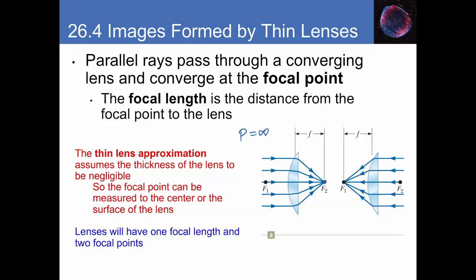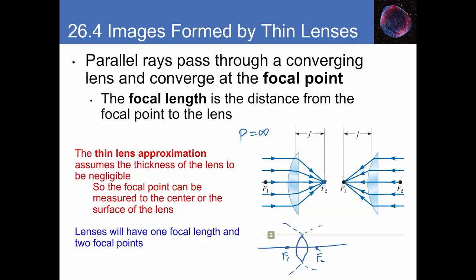Remember the mirrors had a focal point. Well, lenses also have focal points, but they have two because they have one on each side. So here's the lens. You can see this is one curvature, so there's a focal point there. And here's the second one, and there's a focal point over there. Okay, so you have f1 and f2, two focal points for thin lenses.